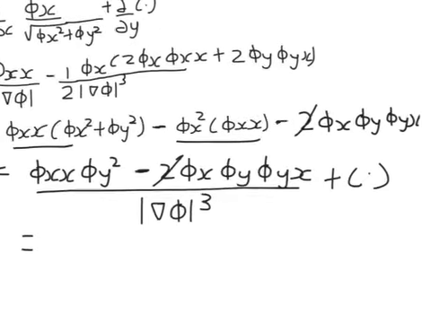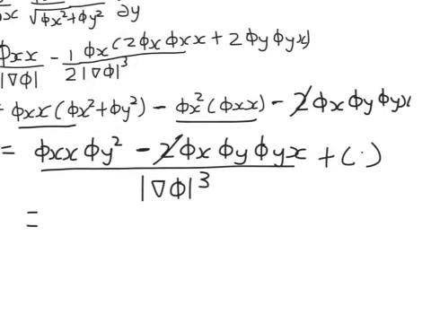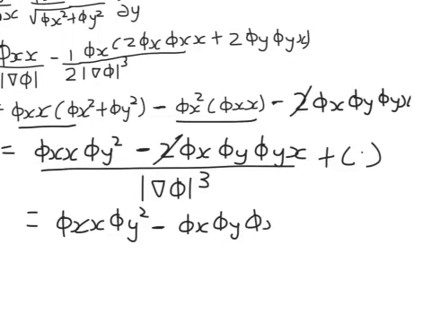So now we can add that partial with respect to y. It's going to be the same except the x's and y's are going to be interchanged. So this will be phi x phi y, and this can be written as phi xy. Actually it's the same thing, it doesn't matter what you differentiate with respect to first.